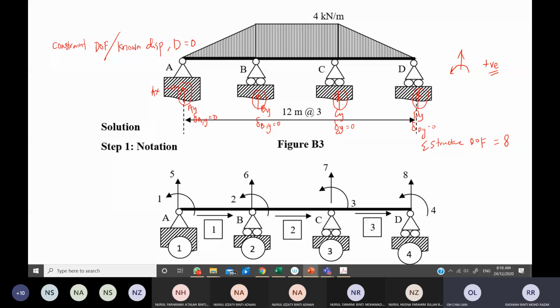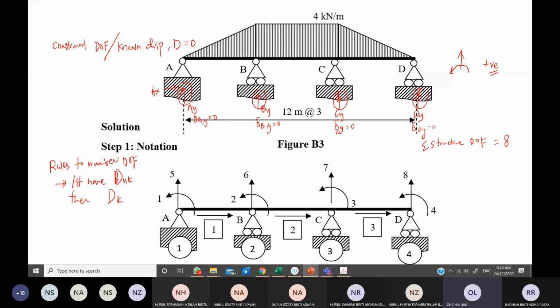Then our rule to name, label, and number the DOF is to first name the unknown DOF, then the non-displacement DOF.